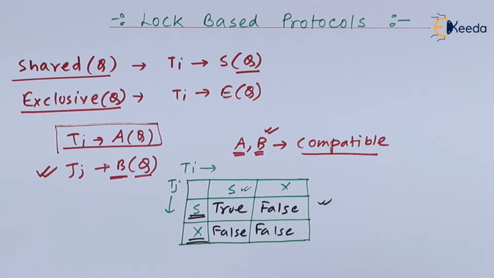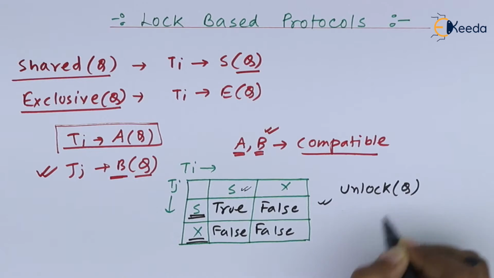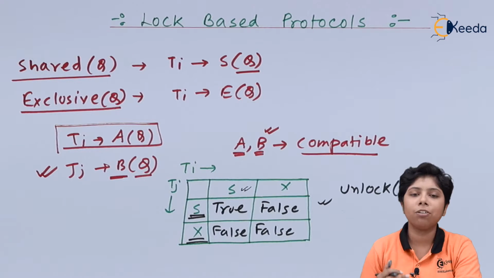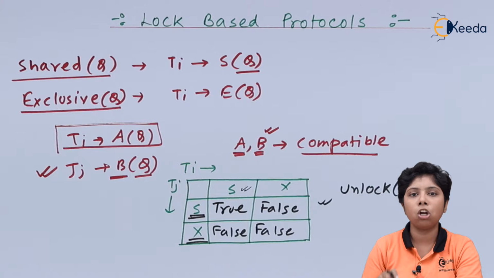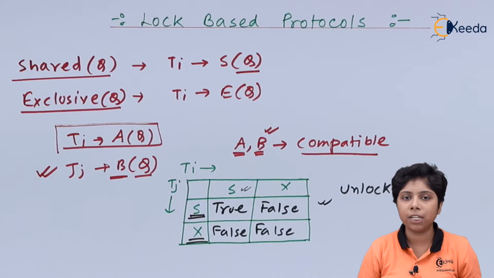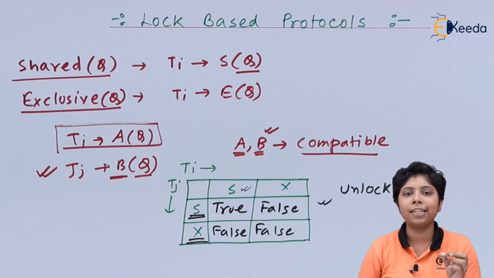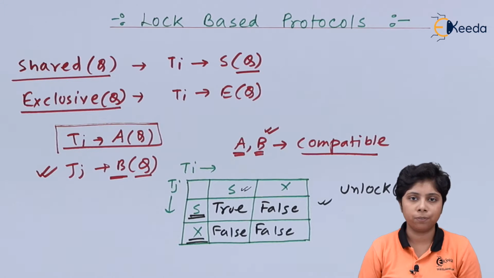We can use the unlock instruction. We do not need to mention the particular mode while unlocking. We are saying that the lock we hold on a particular data item is being released. So the item is released and can now be acquired by another transaction in an appropriate lock mode.